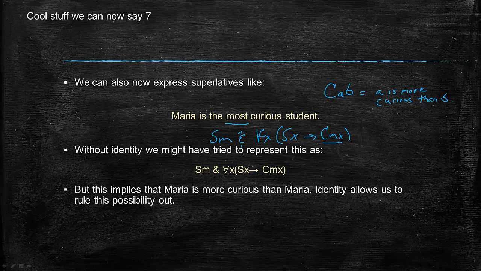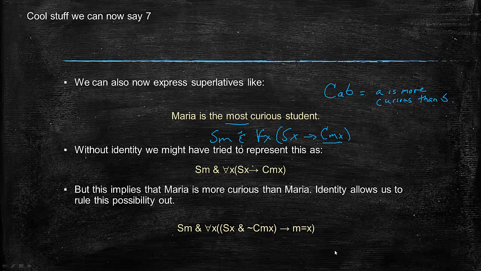For every student, if Maria isn't more curious than that student, then that would have to be Maria herself. So that says that Maria is more curious than every other student. So Maria is a student, and for all x, if x is a student and Maria is not more curious than x, then x is Maria.